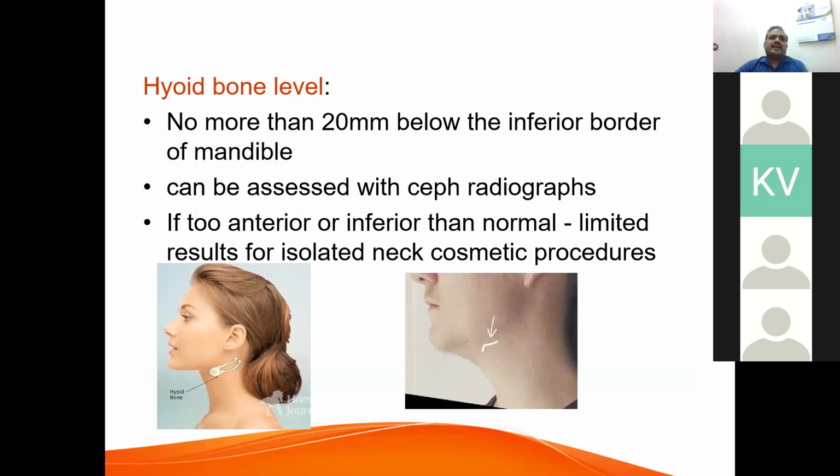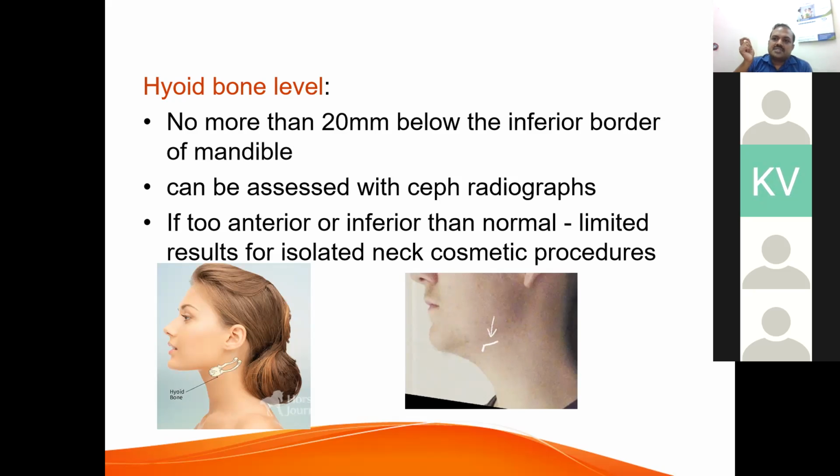Talking about the hyoid bone level, the hyoid bone ideally is 20 millimeters inferior to the lower border of the mandible. If its position is well below that, then the infrahyoid and suprahyoid muscles are also pulled down, and you will not have defined boundaries of the lower border of the mandible, chin, or the angle.